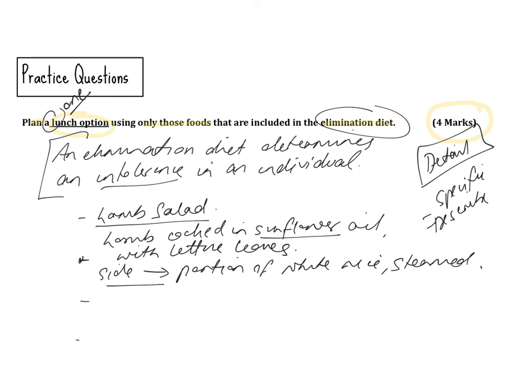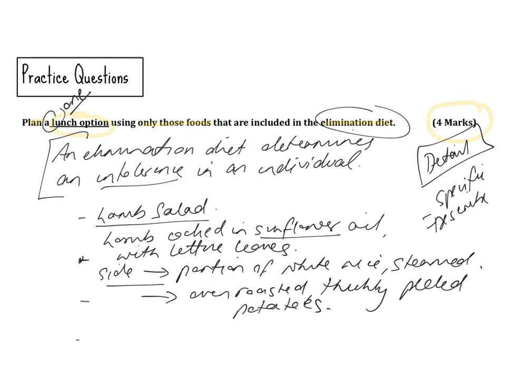And I would also have some oven baked or oven roasted, thickly peeled old potatoes, because this links back to what is allowed on that diet. So we've got a lamb salad, which is lamb cooked in sunflower oil with lettuce leaves, a side which is a portion of white steamed rice and some oven roasted thickly peeled potatoes.